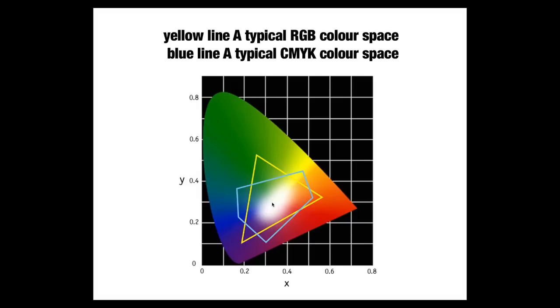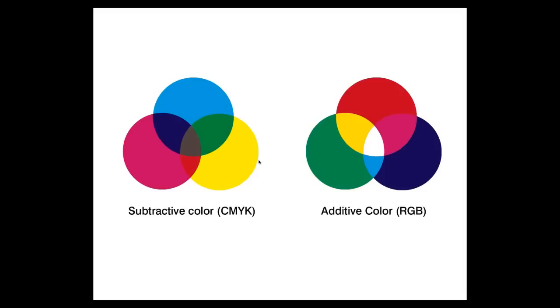So for instance, if we pick one of the colors at the very top of the yellow triangle and we wanted to print that color, it would come out of the printer nowhere near as vibrant or as bright as what it once originally was. It will shift significantly due to the additive to subtractive conversion.